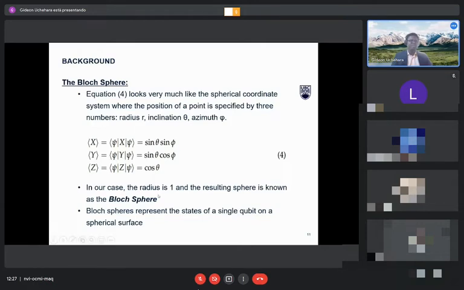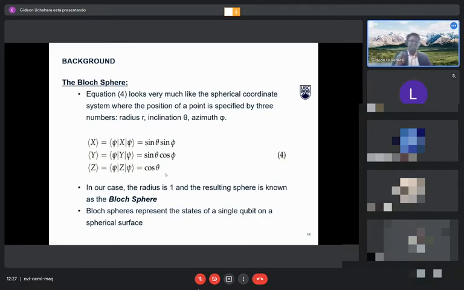That is what a Bloch sphere is all about. Bloch spheres are used to represent the state of a qubit on the surface of the sphere. Any position on the sphere can be represented using these three values, and in the same way we can use these three expectation values to represent the state of any single qubit.